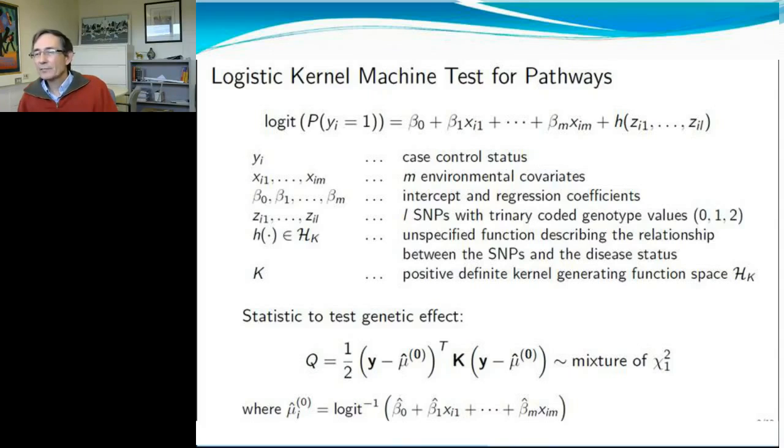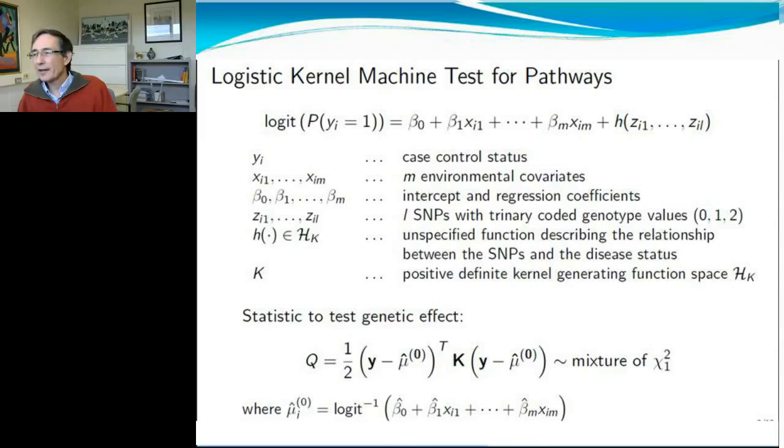To perform the test, one forms a quadratic form, which turns out to be a complicated mixture of chi-square variables. Fortunately, the literature on pathway-based, kernel-based methods is well developed, and methods for identifying the correct distribution of chi-squares are well established.